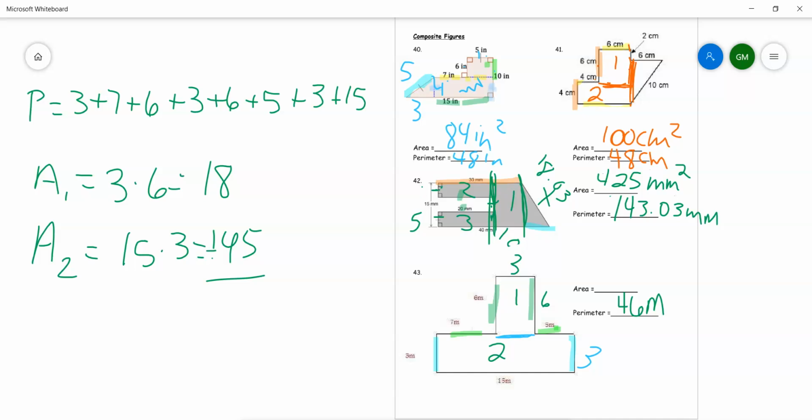And we can add those together. Right, 8 plus 3 is 11. Carry the 1, 4, 5, 6. 63. So 63 meters squared.